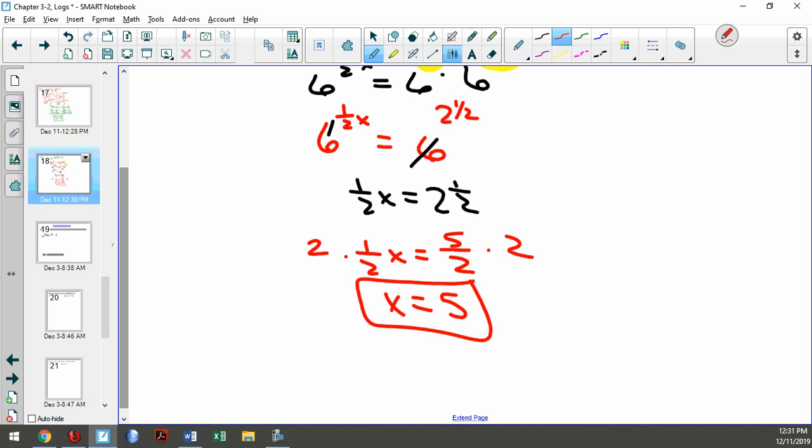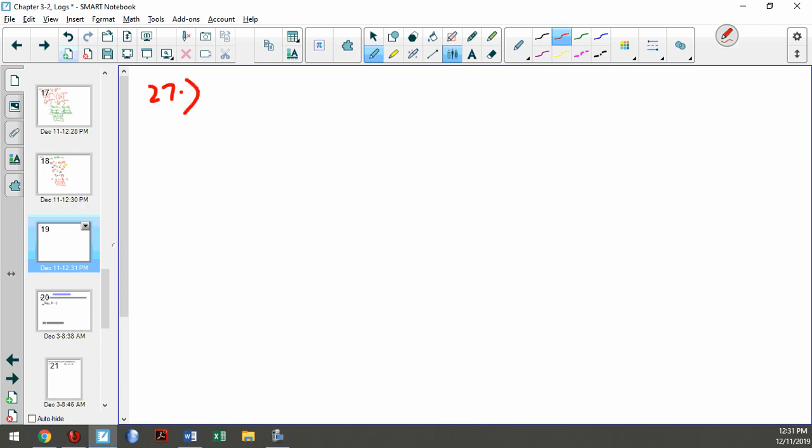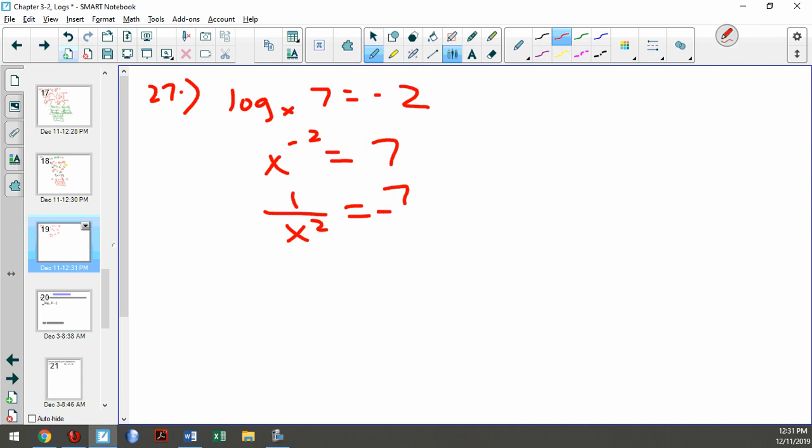27. Okay, this says I'm going to have x raised to the negative 2 power equal to 7. That's going to give me 1 over x squared is equal to 7 over 1. Why did I put that on the bottom? Because it has a negative exponent. So now cross multiply.